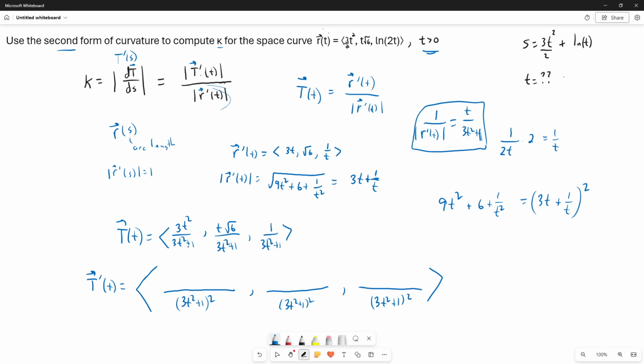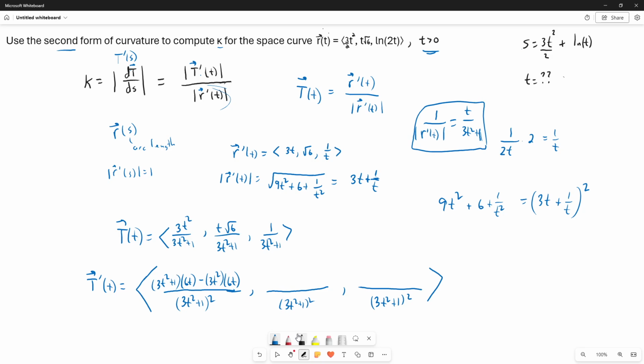Now the numerators, it's the bottom times the derivative of the top minus the reverse. So 3t squared plus 1 times 6t minus 3t squared times 6t.